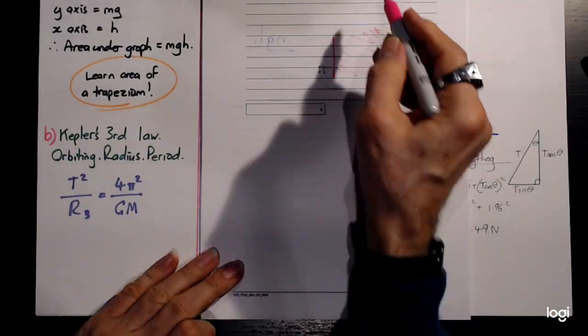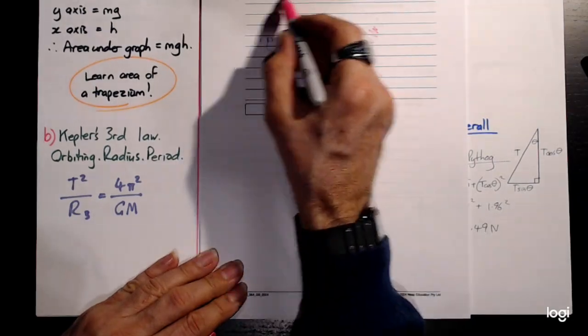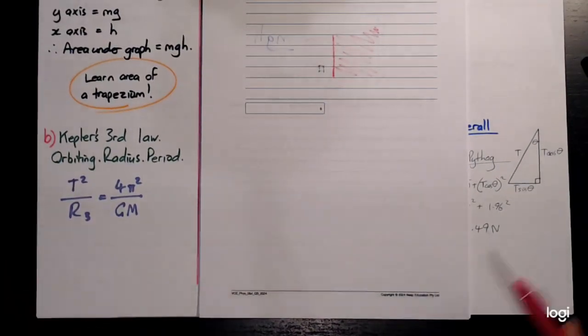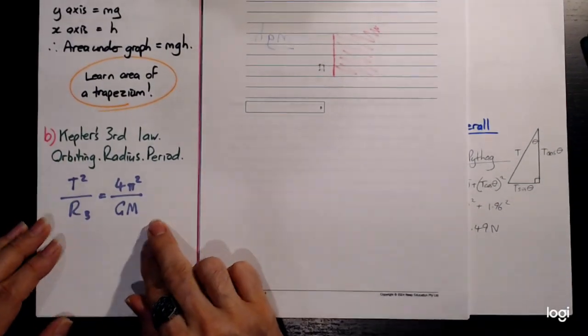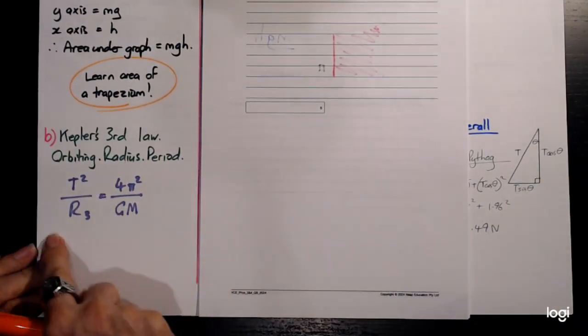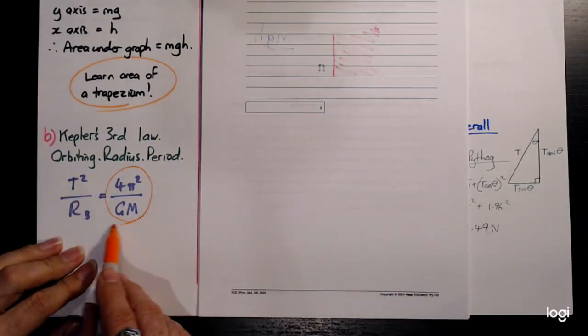If there's an orbit with an altitude and you're asked for the period, or the other way around, you have to use this. And the understanding of Kepler's third law goes like this. I mean, that's just the formula. That's what you're actually going to use. But the point of it all is that T squared over r cubed is a constant.